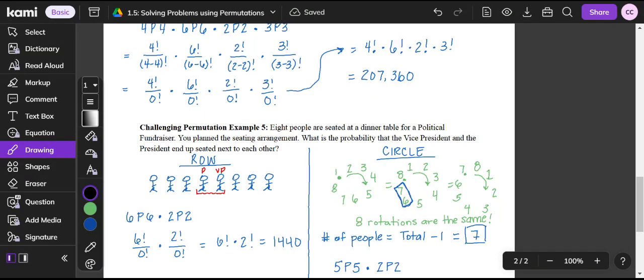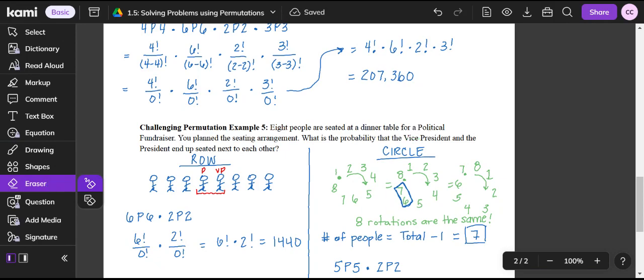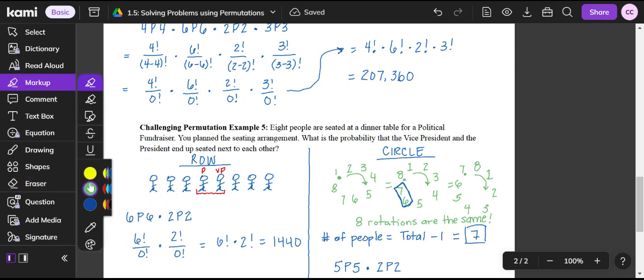Okay, now a couple different things going on here. First, we see that we have very clearly defined roles. There's a vice president and a president. So that's my first clue that I know, okay, this is a permutation.